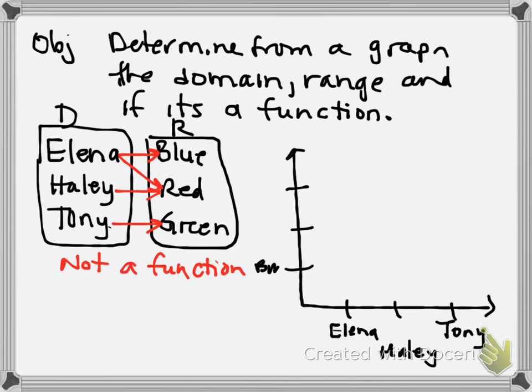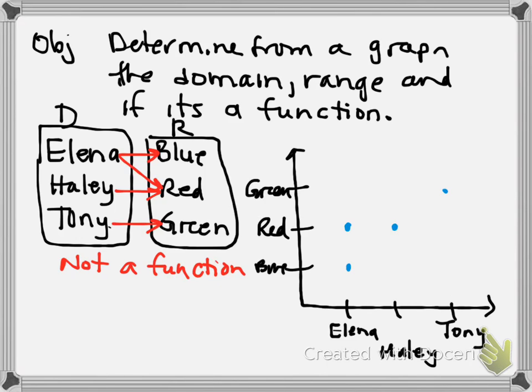We had blue, we had red, and we had green. And what I'm going to do is graph this. So Elena said she liked blue and she liked red. And then Hallie said she liked red. And Tony said he liked green.